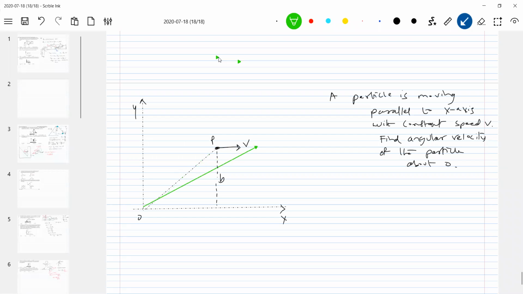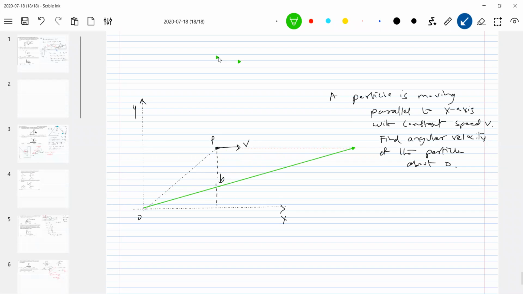Look at the tip of the arrow. The tip of the arrow is moving horizontally. I'll bring one more line, the red dotted line. The tip of the arrow is the particle, and it is here after some time. So what's happening to the particle? It is moving parallel to the x-axis.